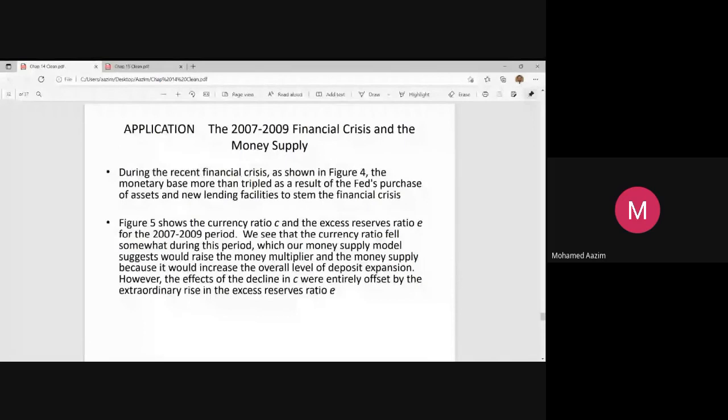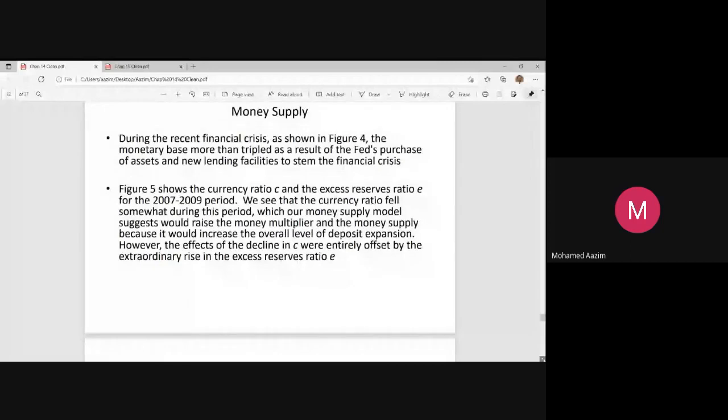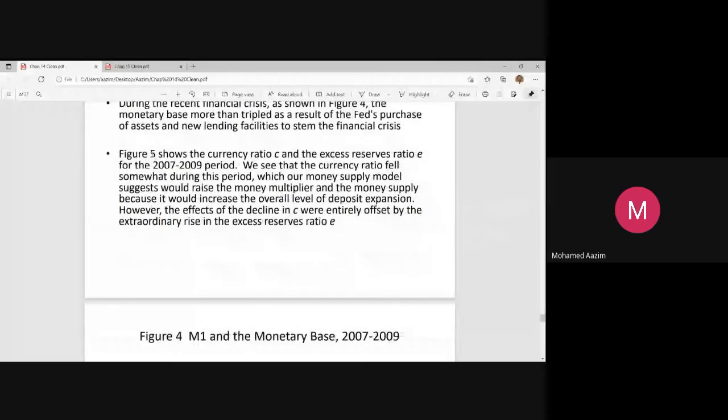Okay. So then you see during this 2007-9 financial crisis period, the currency ratio is not increasing like in the Great Depression 1930 period problem. People are not necessarily withdrawing their money from the deposits. Why is that?